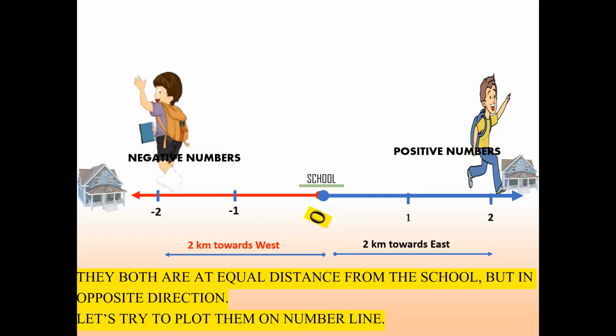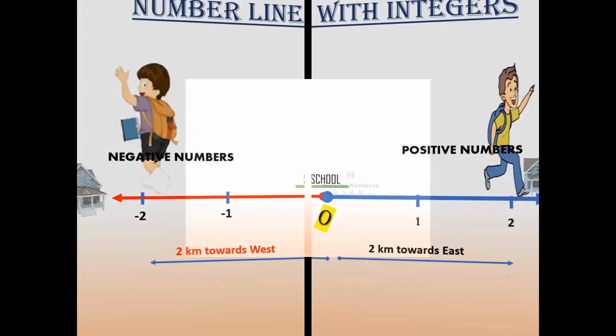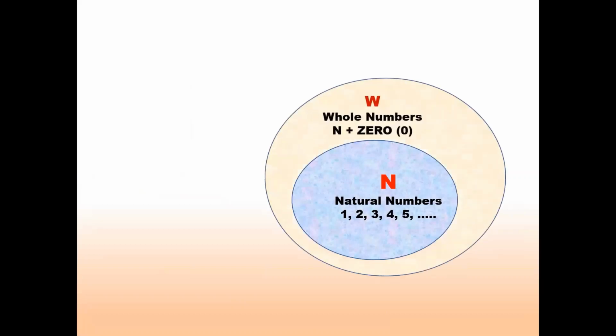And together, negative numbers and positive numbers form a new system of numbers, and that is known as integers. So we can say that with the set of natural numbers, when 0 was introduced to it, it became the set of whole numbers.